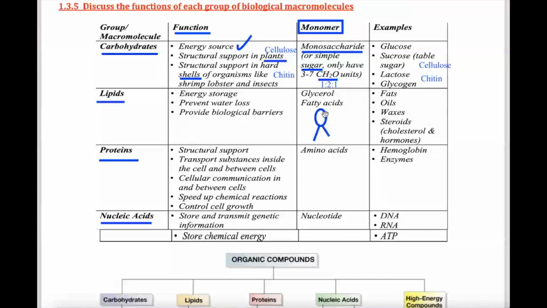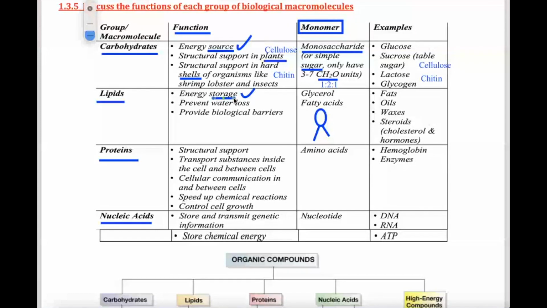So this is a phospholipid, the phosphate group, and the fatty acid tails at the bottom. They are made up of glycerol and fatty acids. Their function is energy storage. Listen, boys, there is a big difference. This is a quick energy source, and this is energy storage.